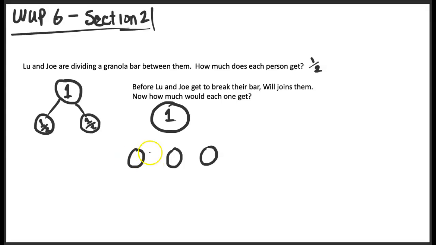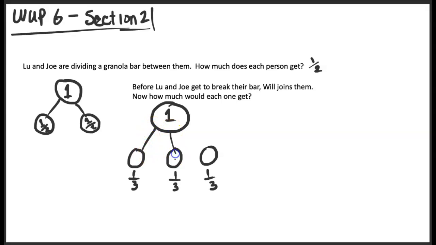How much would each one get? Well, think about it. We're going to have to now divide that granola bar into 3 parts. I'm not going to write the number inside the circle because I didn't give myself enough space. But we're going to have to divide that granola bar into 3 parts because there's 3 people, and each person is going to get one of those 3 equal parts that make up the whole.